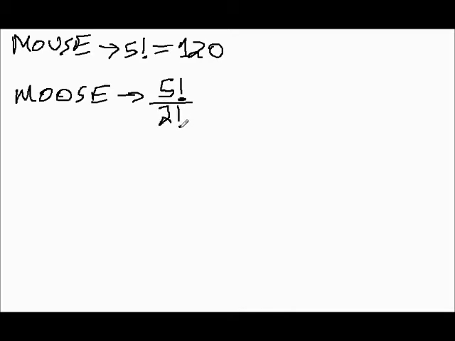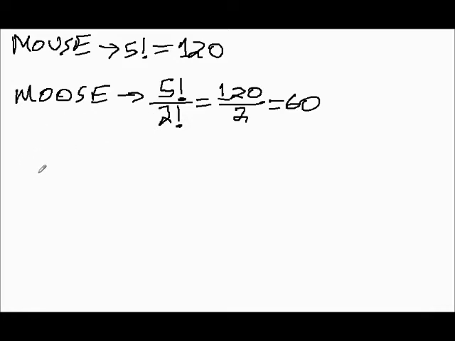And since changing these 2 O's doesn't change anything, you're going to have fewer arrangements. So if they were all different, you would have 120, but because you have the 2 repeated O's, you divide by 2 factorial, which, of course, is 2 times 1, which is 2. That gives you 60. So there are 60 different ways to rearrange the letters in the word moose.